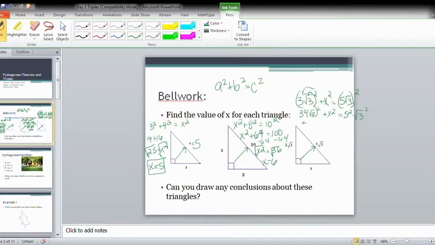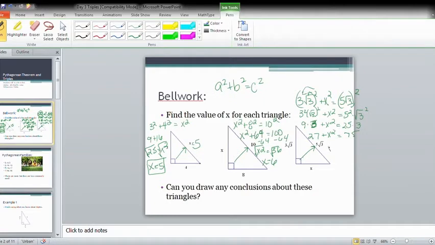So 3 squared is 9 times square root of 3 squared is just 3 plus x squared equals 25 times 3. 27 plus x squared equals 75.